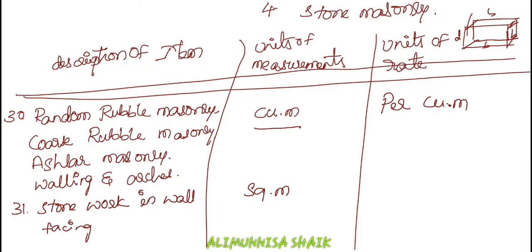That is called stonework in wall facing, and the unit of measurement will be square meters, and the unit of rate will obviously be per square meter. For each and every square meter we will take it into count. So this is about stonework in wall.